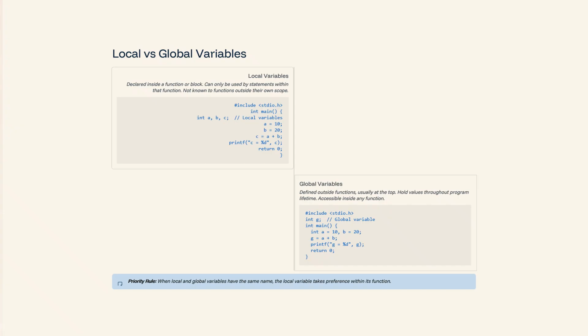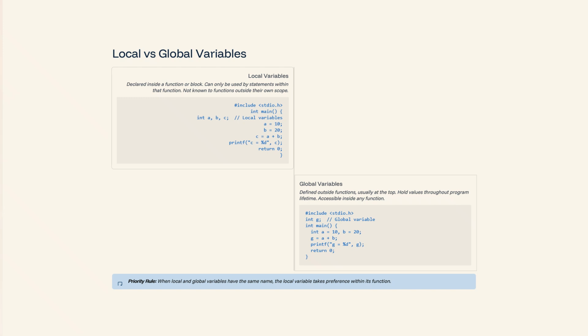A global variable is defined outside functions, usually at the top of the program, and holds its value throughout the program lifetime. It can be accessed by all functions.